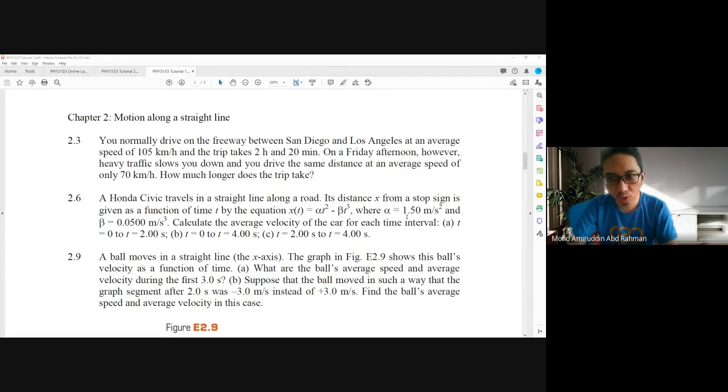All right, so 700 divided with 70, you obtain 10. So basically your travel time is 10 hour. Okay.